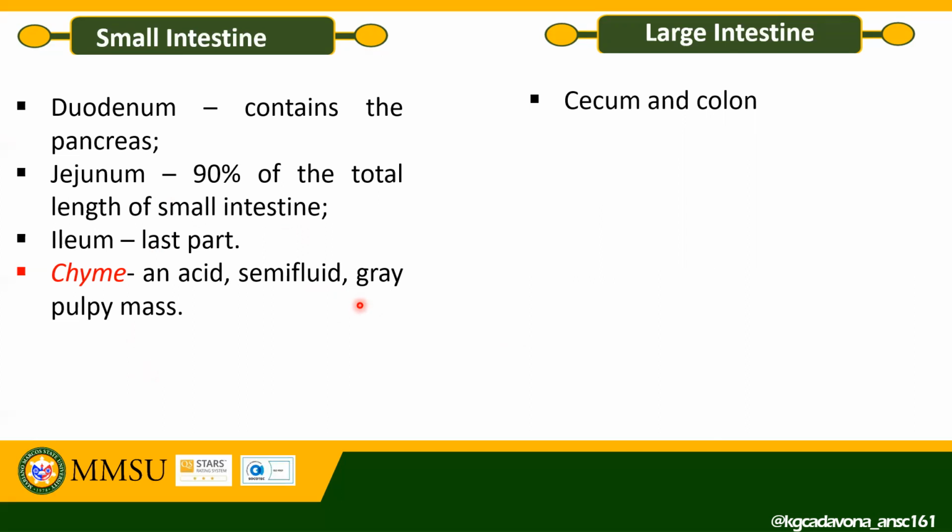Okay, so we have the pancreatic juices, which are being produced by the pancreas. So these pancreatic juices usually contain yung mga enzymes like trypsin, pancreatic amylase, pancreatic lipase, and maltase, which are beneficial in the conversion of nutrients. Then we have also the bile, which is being produced by the liver, and then the intestinal juices.